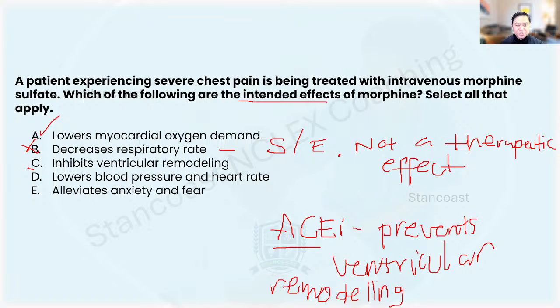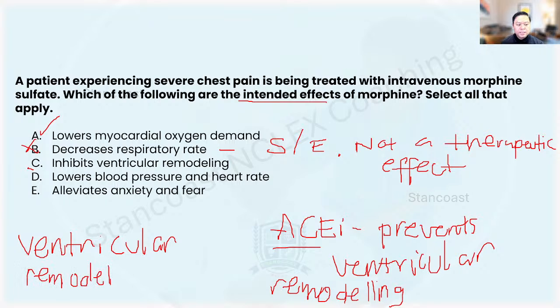So let me just write down here the myocardial or ventricular remodeling. So in order for you to get clarification, ventricular remodeling pertains to those structural changes in the myocardium after the MI.